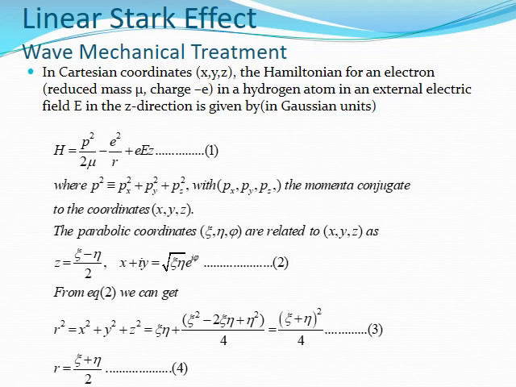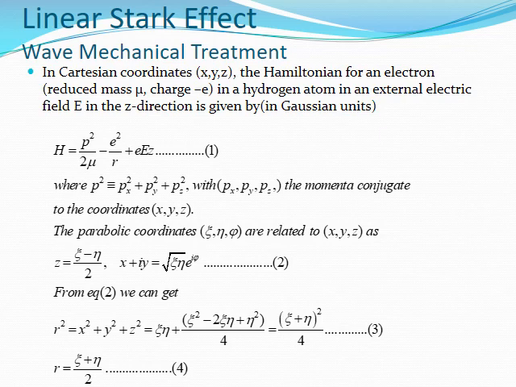This is equation 1, where p squared is equal to px squared plus py squared plus pz squared. px, py, pz are the momenta conjugate to the coordinates x, y and z.